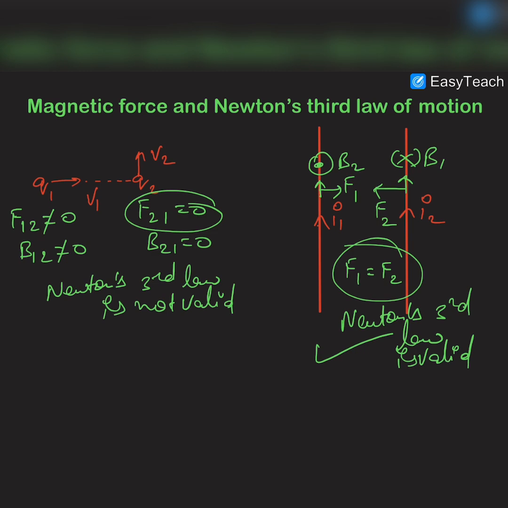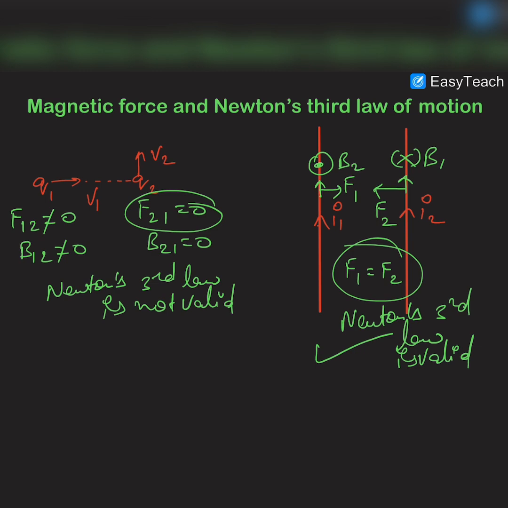Hence individual magnetic force can obey all the conservation laws as well as Newton's third law, because these wires are not creating any electric fields. So I think that after this video you would be getting the answer to your mysterious question, why individual magnetic force sometimes does not obey Newton's third law.